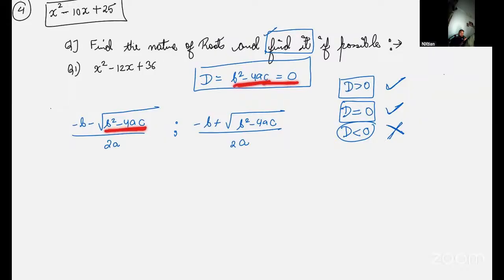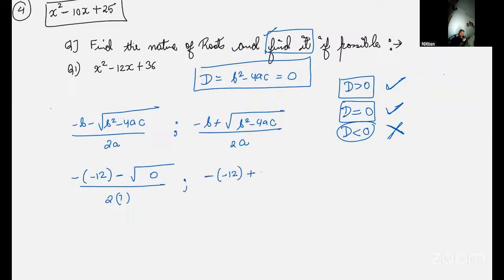Can I substitute the value here? So what does it become? Minus, what is the value of b? Minus 12. Then minus root 0 upon 2 into 1. And then minus 12 plus root 0 upon 2 into 1. Now, who didn't understand anything?